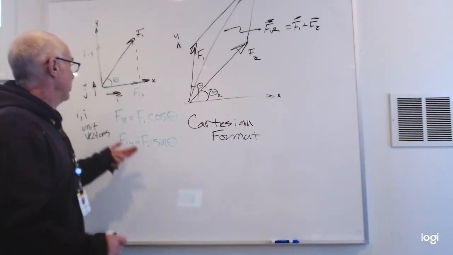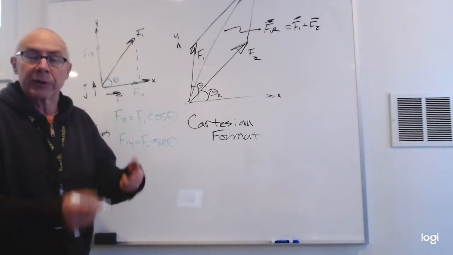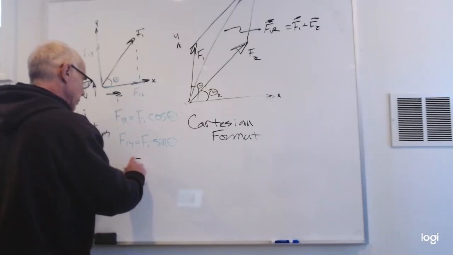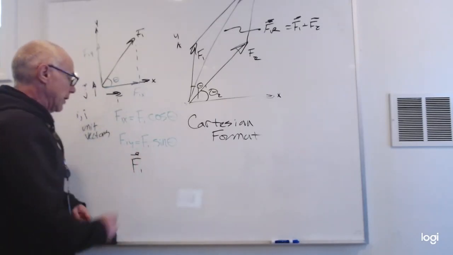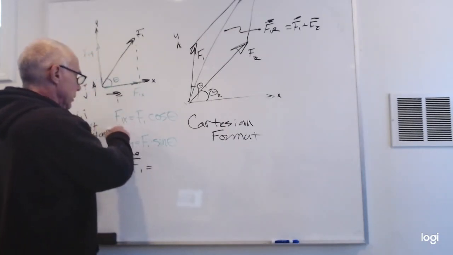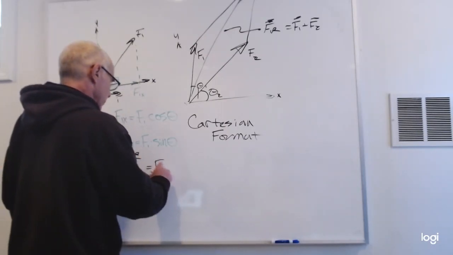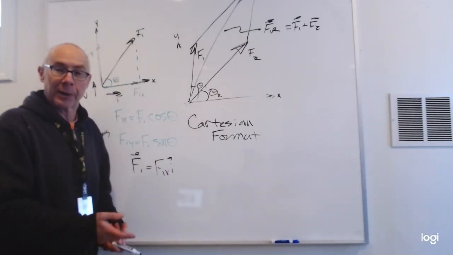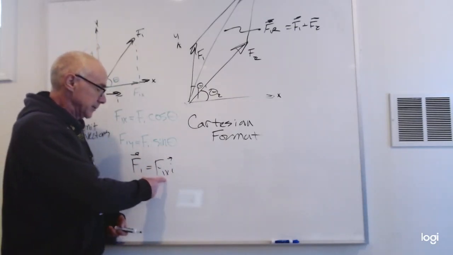It turns out that we can write our vector, and hopefully you've seen this in other classes, so it shouldn't be something really new to you. My vector F1 is going to be equal to the magnitude F1x times i, a vector. Remember, we can multiply scalars times vectors.